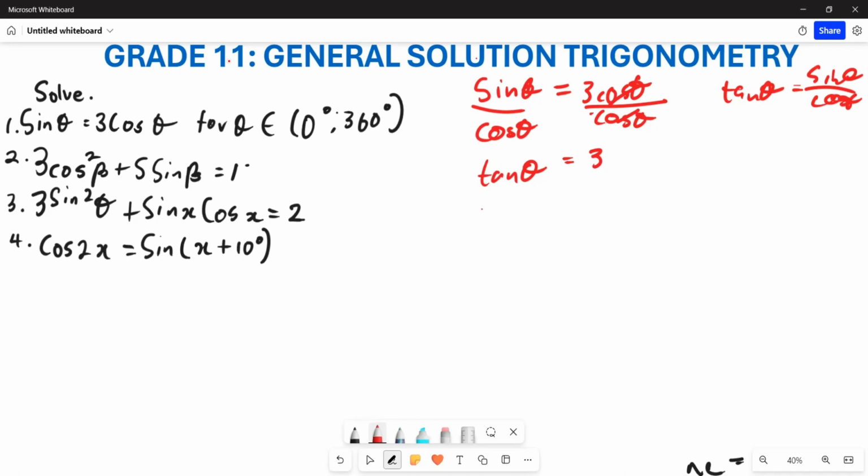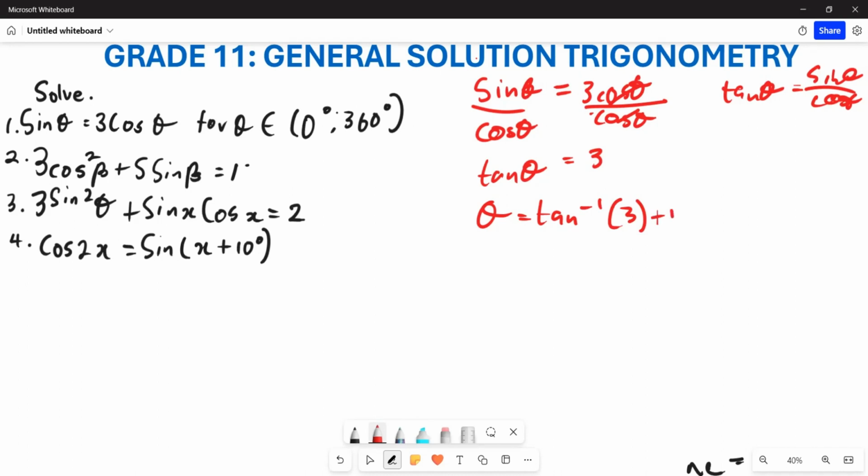So remember, we are solving for theta, which means theta is going to be given by shift tan of 3. Now remember that the tan graph has a complete period of 180 degrees.